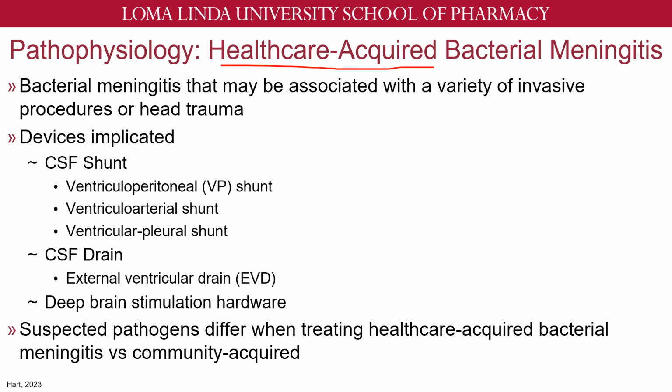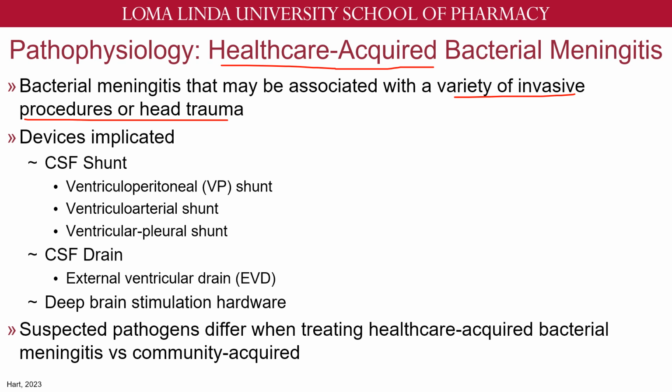Now, how does that differentiate from a healthcare-acquired bacterial meningitis? So when we use the term healthcare-acquired bacterial meningitis, this is meningitis that's associated with a variety of invasive procedures or head trauma. So this is not your normal healthy human person living out in the community.